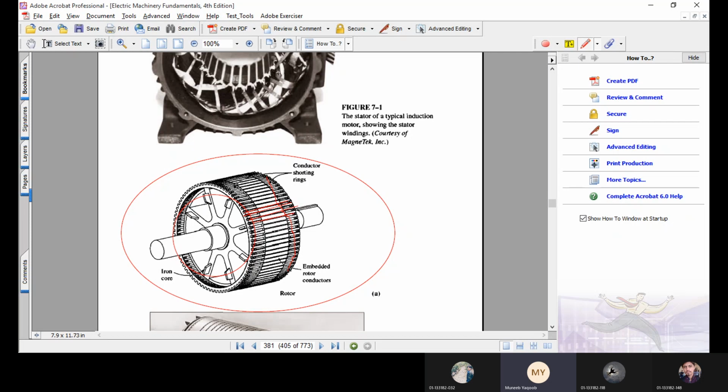Overall, the system resembles a cage that was used earlier in some movies, where they used to display a squirrel running on this cage. That is the reason this motor was named the squirrel cage induction motor.